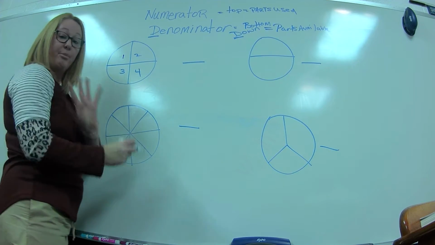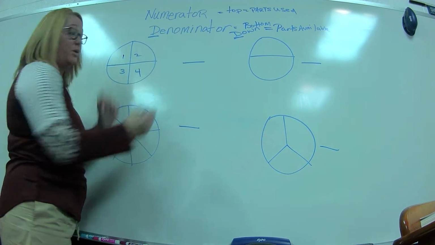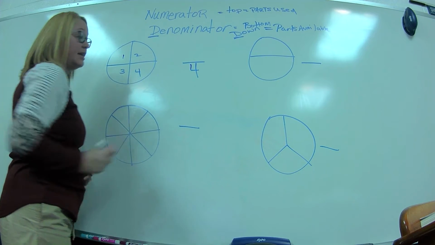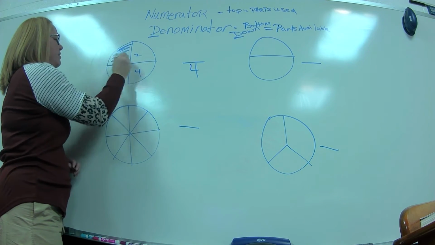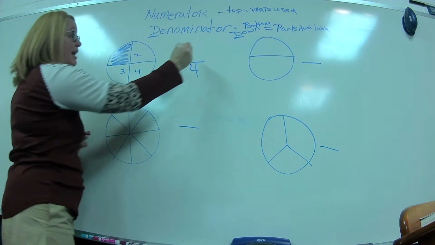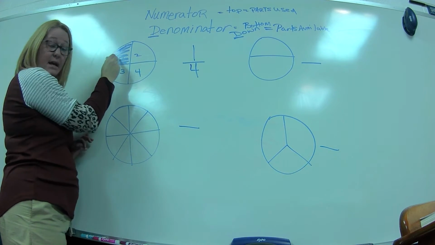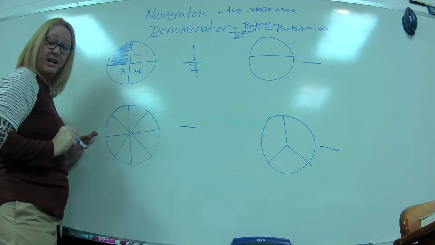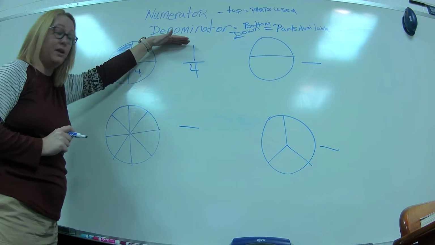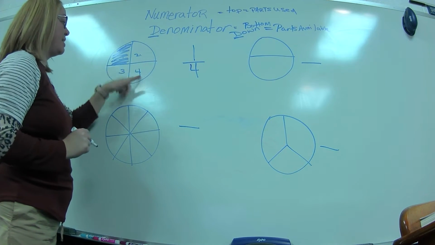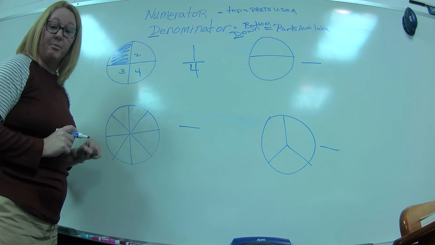I have 4 parts available, which is going to be my denominator. If I use this part, then I have used 1 out of the 4 available. So 1 is my numerator, it is my used part. 4 is my denominator, which was my total available parts.